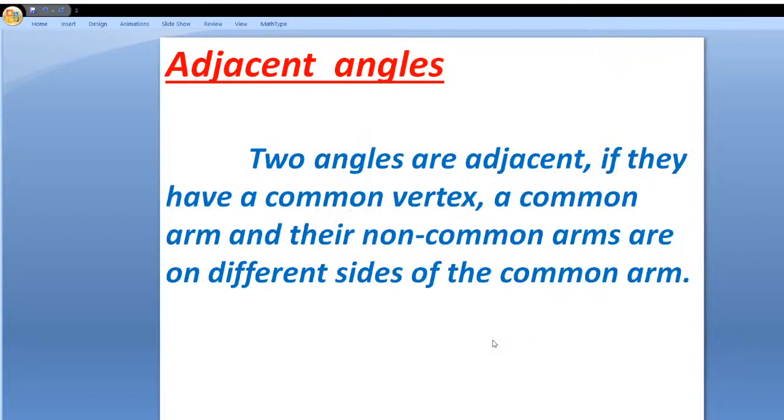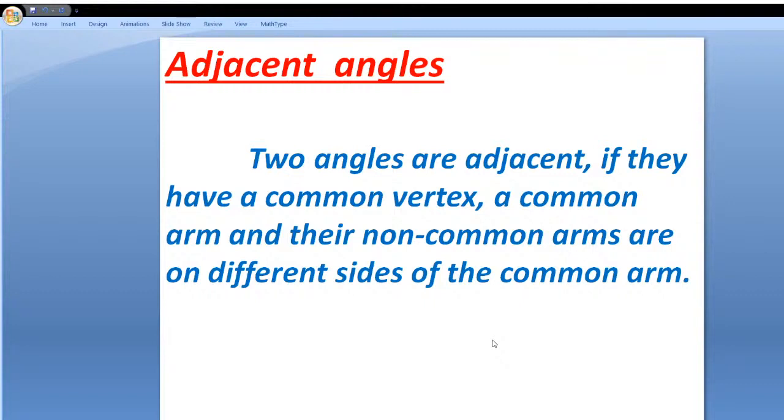Now, adjacent angles. This is the important one. Two angles are adjacent if they have a common vertex, a common arm, and their non-common arms are on different sides of the common arm. Again, let me repeat it.